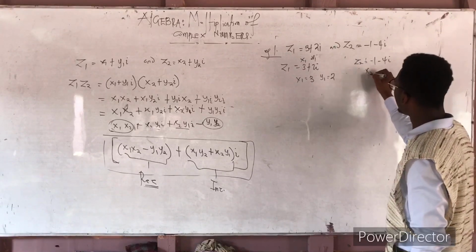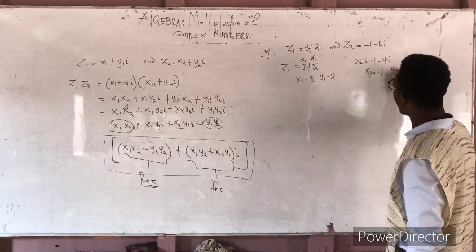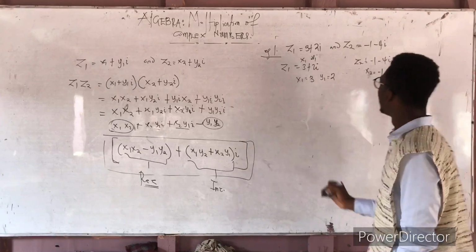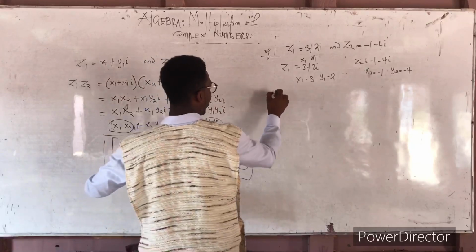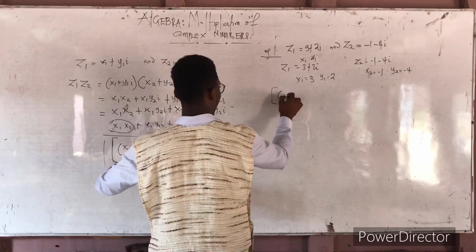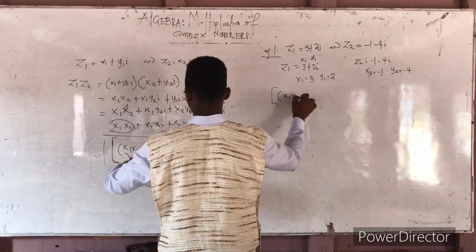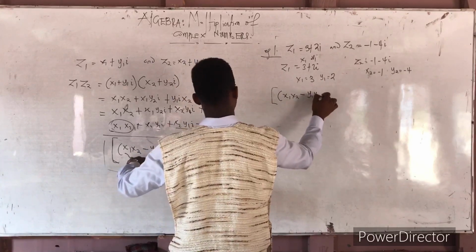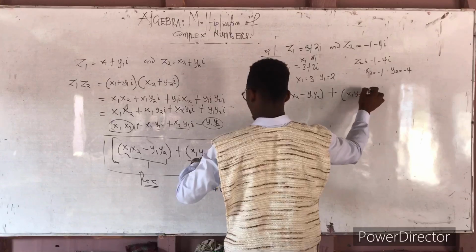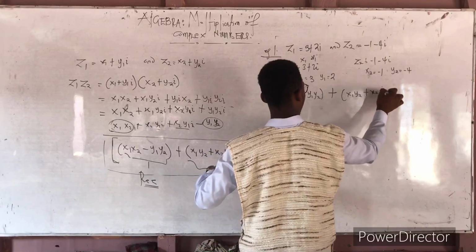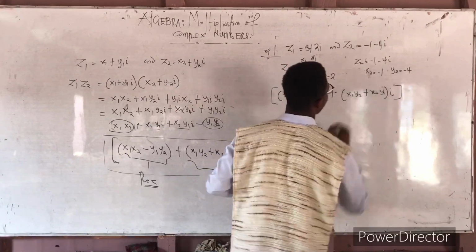Therefore X2 here is minus 1, and Y2 here is minus 4. If you have this, it will really help you. So now let's write the equation down: X1 X2 minus Y1 Y2, plus X1 Y2 plus X2 Y1, all times i.